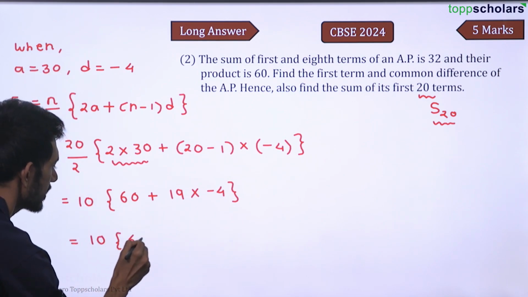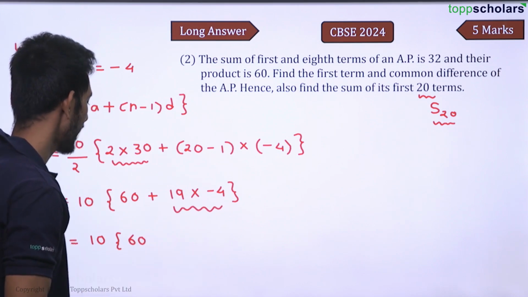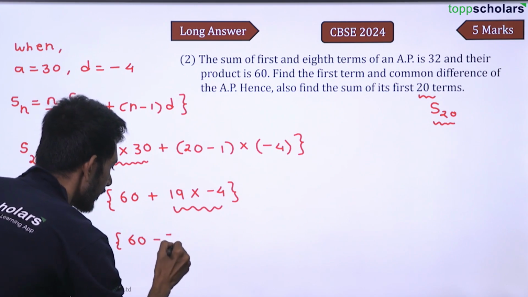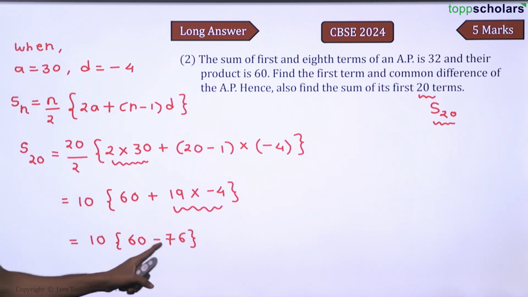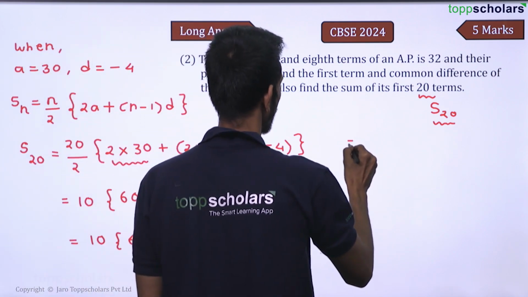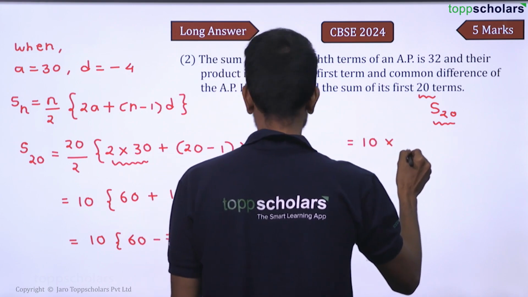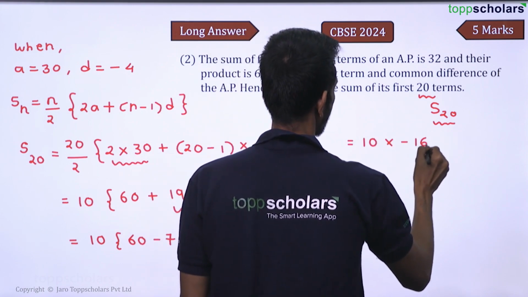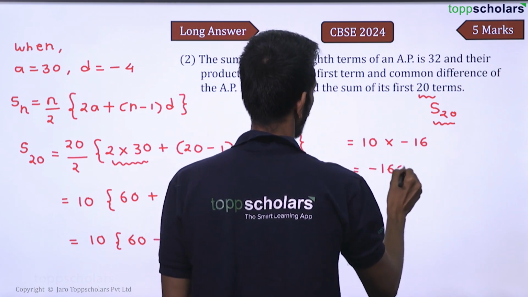This becomes 60. 19 into minus 4 is minus 76, right? And this is minus 16, isn't it? So that is further equal to 10 into minus 16, that is equal to minus 160.